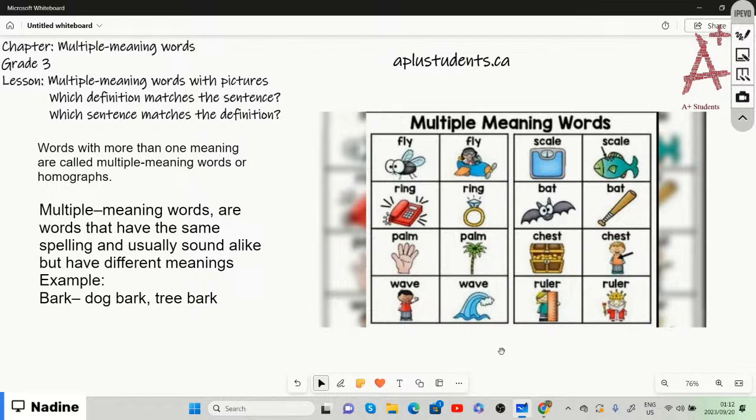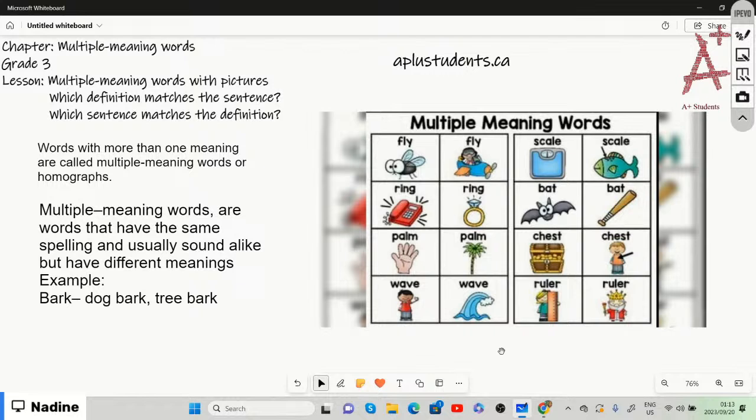And then we have a bat, whether it is a baseball bat, a cricket bat, right? You even get a tennis bat, right? But these two words are spelled the same. They even sound the same, but the meanings are different.